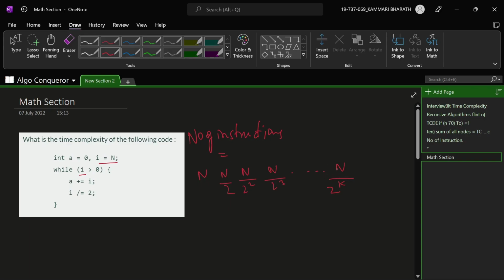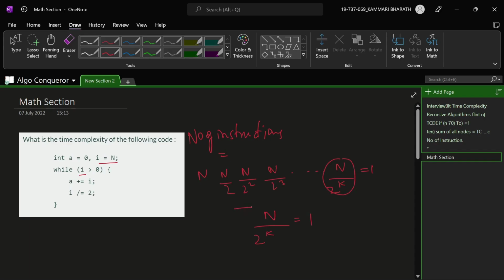Now this should be, as I greater than 0, it can never become 0. It should be 1, just after 0. N by 2 power k is equal to 1. This is where the loop ends. This is the last condition that holds.